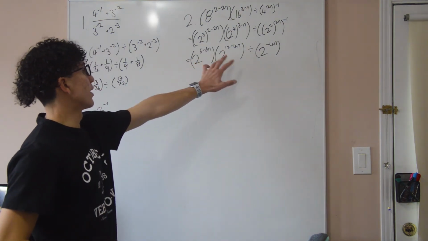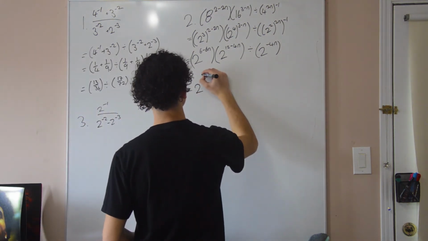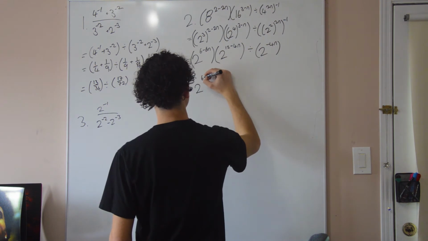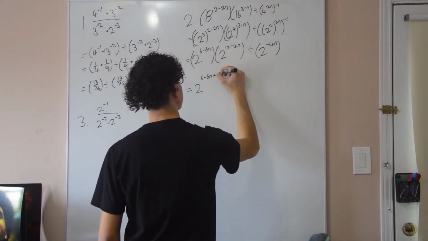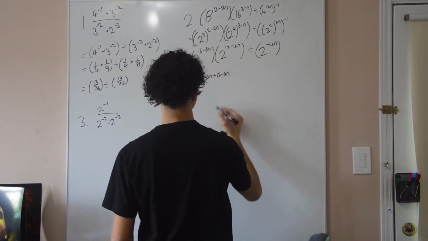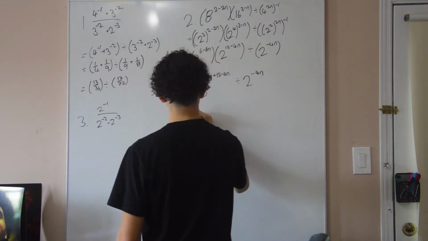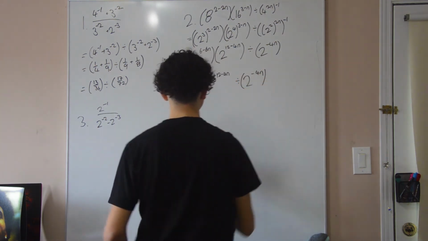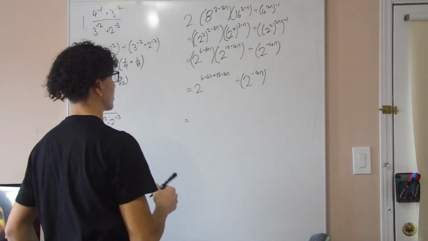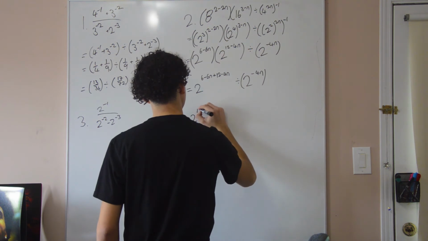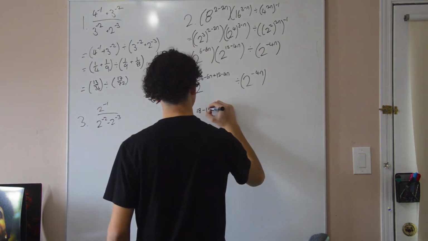So when we're multiplying exponents with the same base, we add the exponents. So this becomes 2 to the power of 6 minus 6n plus this exponent right here, so plus 12 minus 4n. And we're just dividing it by that. And from here, we can simplify this top. So 6 plus 12 becomes 18. And then negative 6n minus 4n is negative 10n.